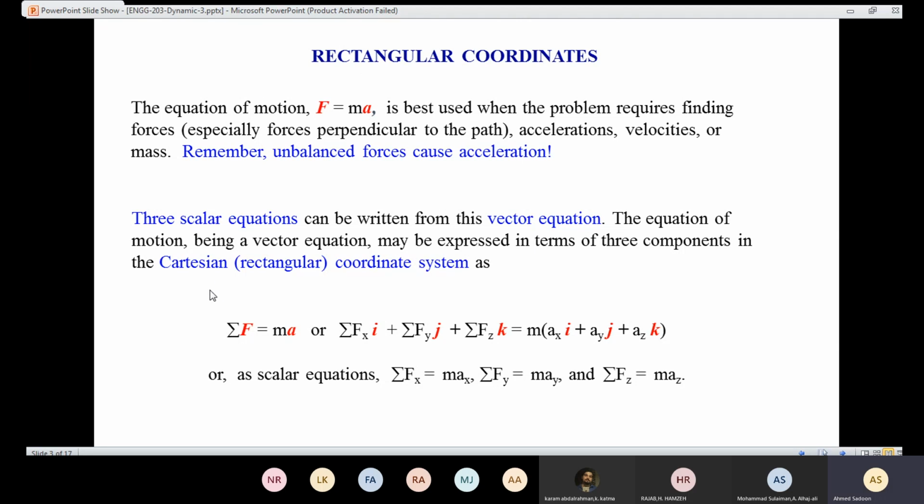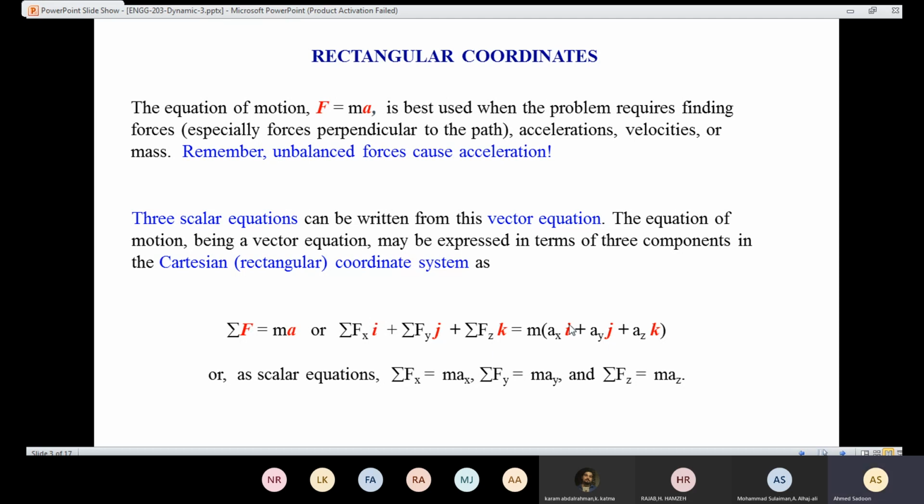If you remember, since this is a vector equation, I can say that the summation of the forces in x, i, plus the summation of the forces in y, j, plus the summation of the forces in z, k, is going to equal the mass times ax i plus ay j plus az k. Like we said, the acceleration is a vector quantity, so you are going to have components in x, in y, and in z.